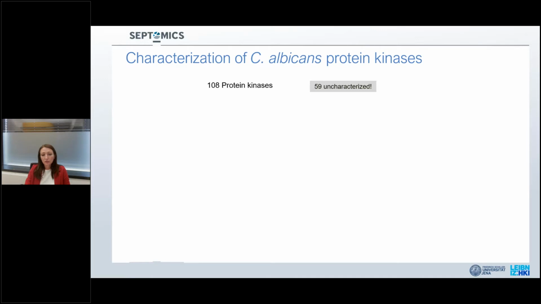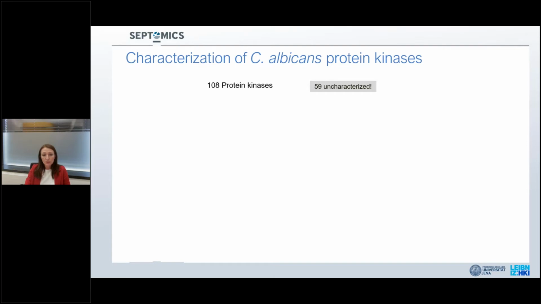In order to comprehensively characterize the function of protein kinases in Candida albicans, our collaborators from the University of Würzburg here in Germany have generated a complete kinase mutant library.